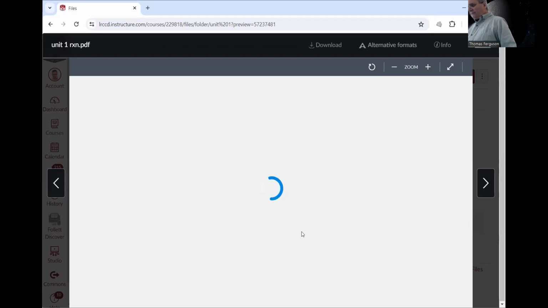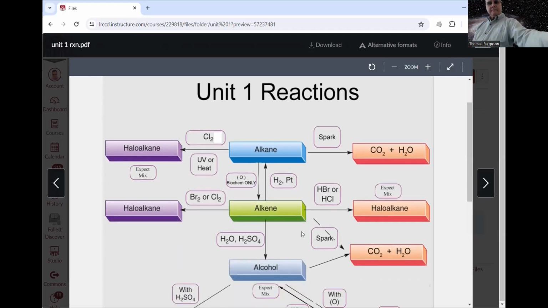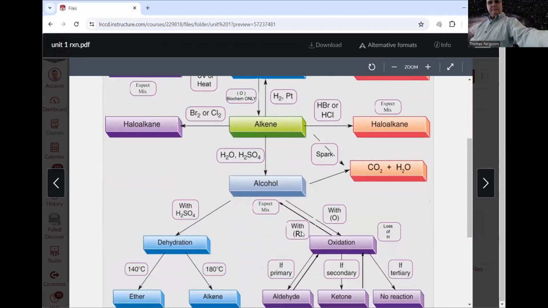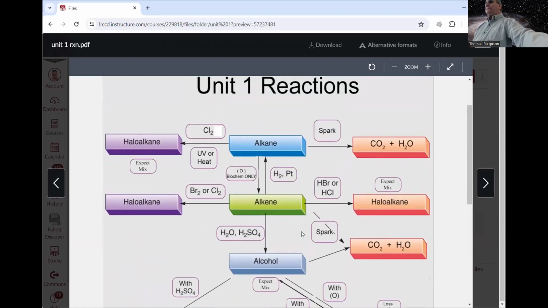This I would suggest when you get home, print off. Now, these are the reactions for Unit 1. We've only done the top one today.